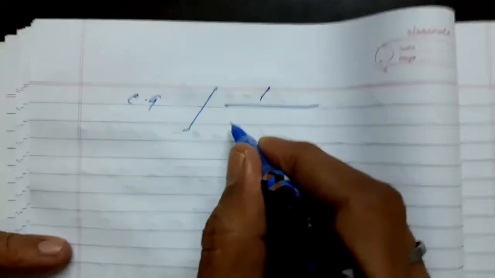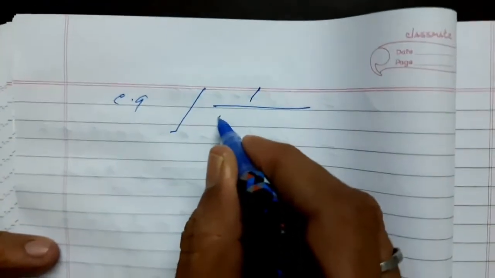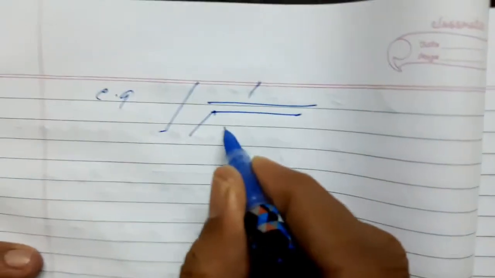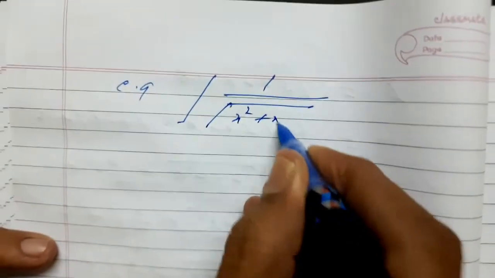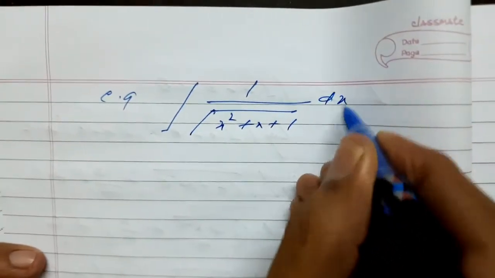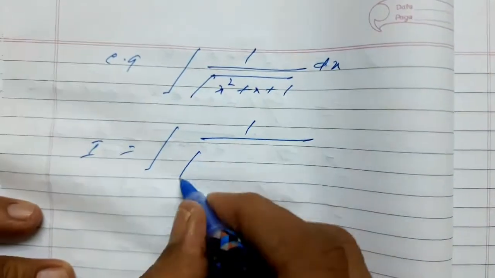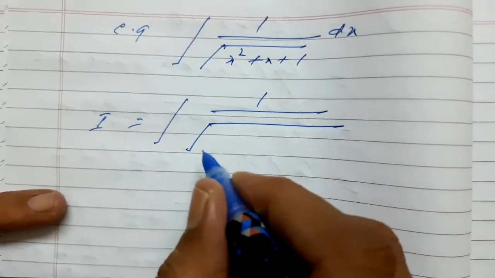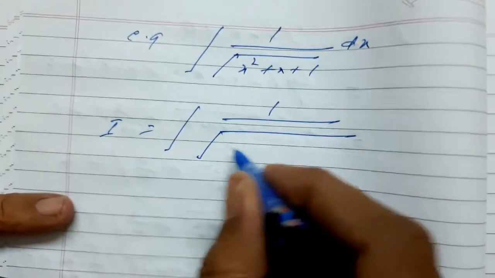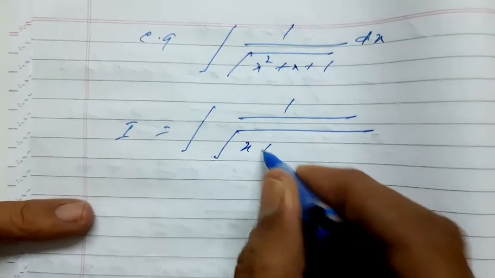And now I am taking an example of the model 1 upon root under quadratic. So I have taken a question, 1 upon root under x square plus x plus 1 dx. What will we do for this one? We will make a perfect square inside the root, as earlier we have gone through the 1 upon quadratic model. So here x plus half.